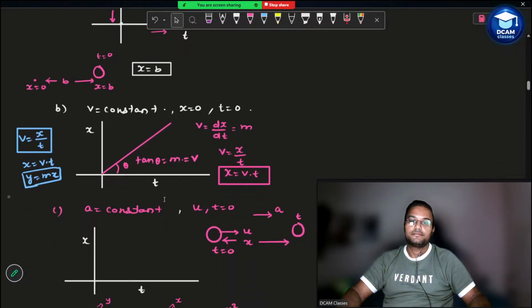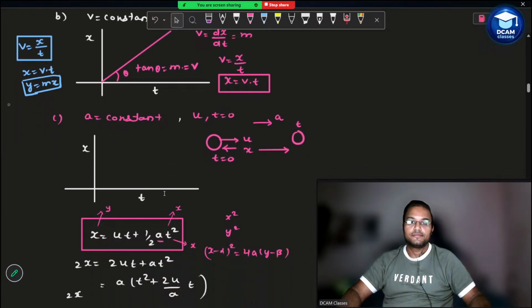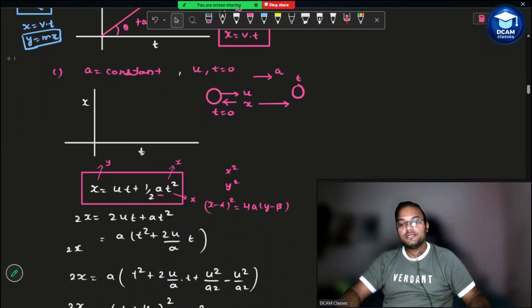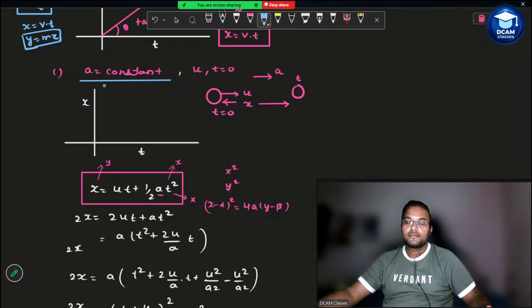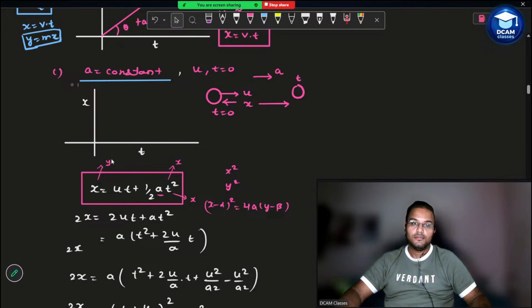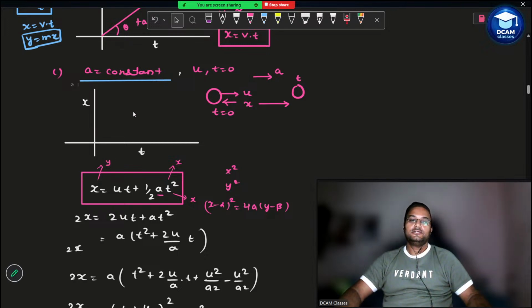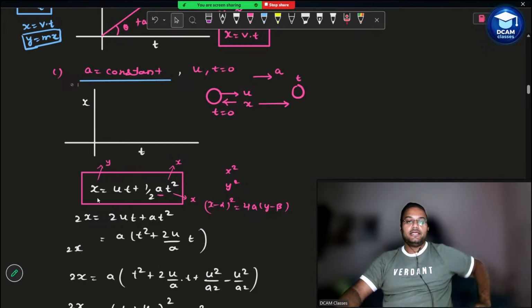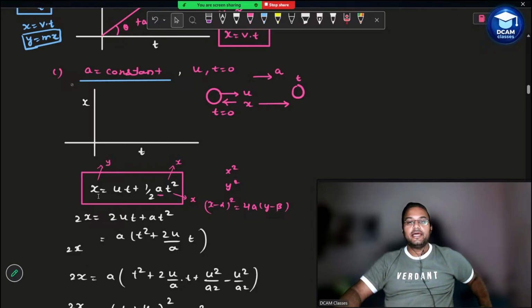Got it? Yes, sir. Now coming to this. If acceleration is constant, you need to draw the x versus t graph. Here the knowledge of parabola would work. Because if acceleration is constant, we know the relation connecting x versus time t is x is equal to ut plus half a t square.